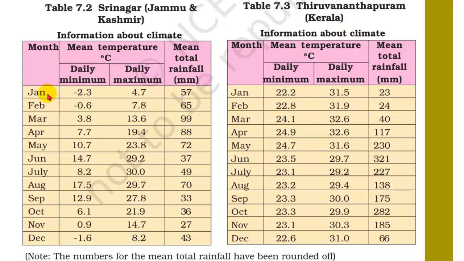This is the months from January to December. In the month of January, the mean minimum temperature was recorded as minus 2.3 degrees Celsius, and the maximum temperature in January was recorded as 4.7, and the mean total rainfall was 57.